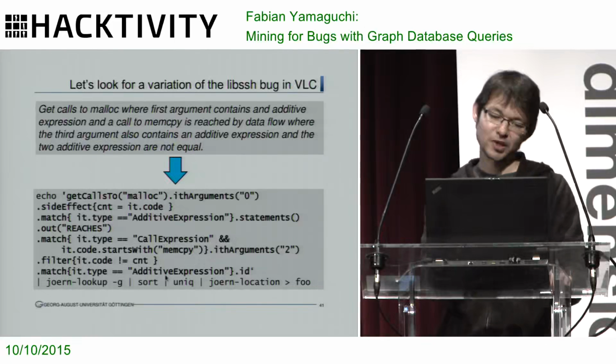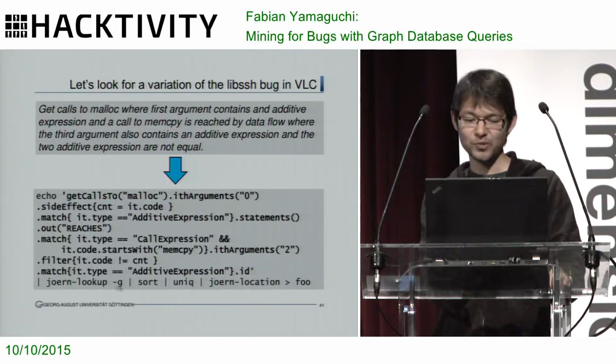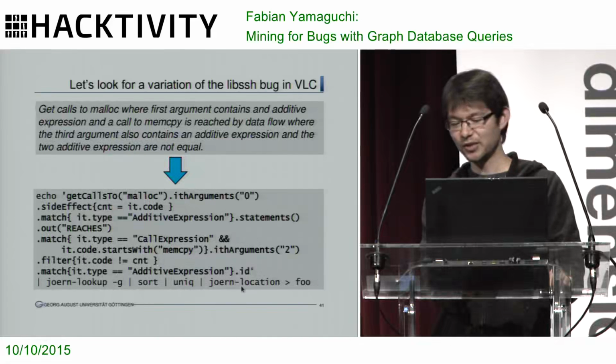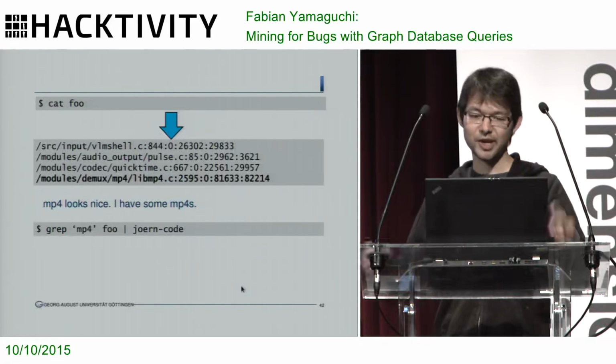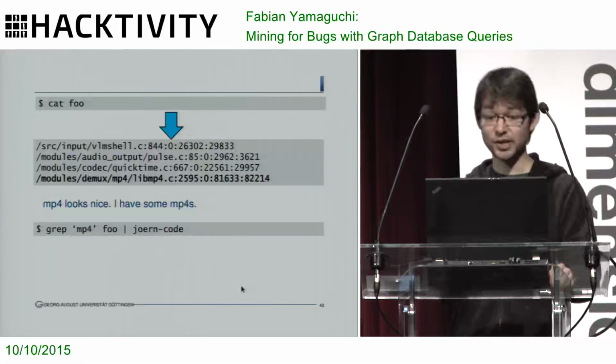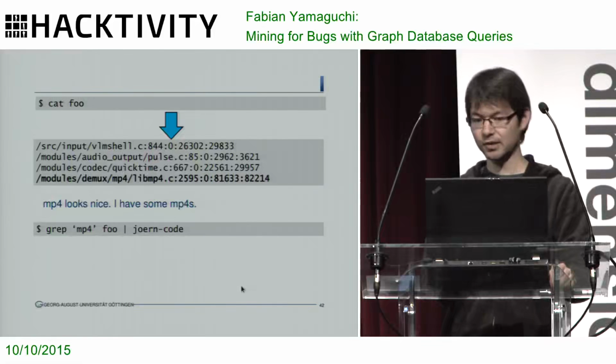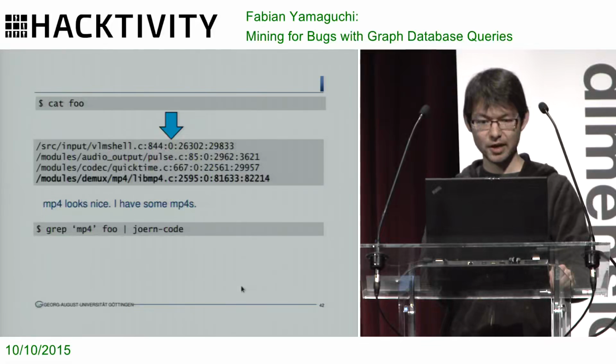You type that, you pipe it into your lookup, you sort it, unique, you use urn location to get the actual locations, you pipe it to foo, right? Foo's your file now, you cat foo, and you get 4 hits in the entire code base. And I immediately thought, oh, MP4 looks nice. I have some MP4s. All right.